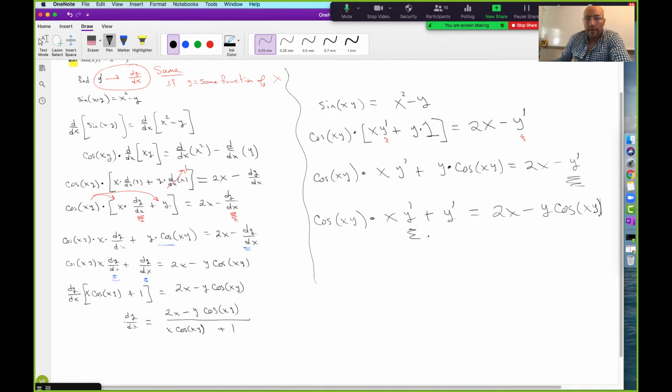Good. And then we factor out this y prime, giving you x cosine xy plus 1. And I should make it a bracket instead of a parentheses here.